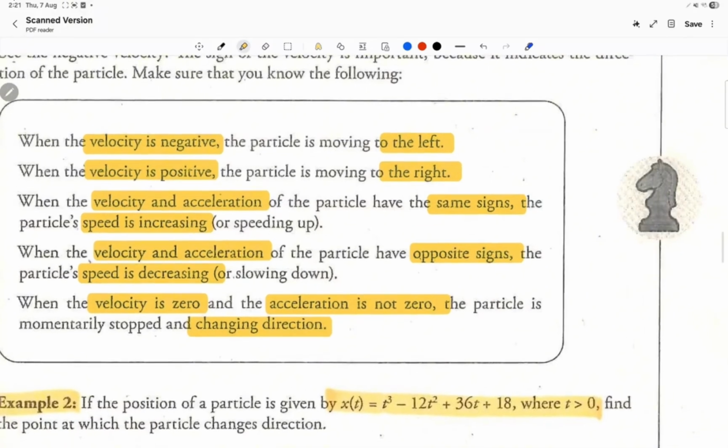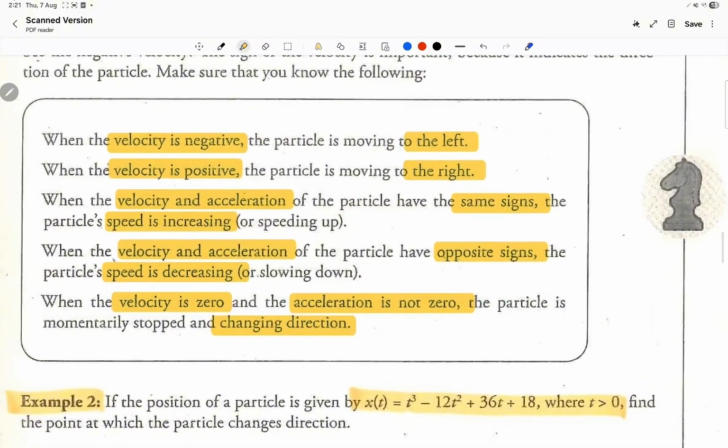Let's do example 2. Find the point where the particle changes direction, which basically means the point where the velocity is 0, but the acceleration is not 0. So now, what do we do? You should turn x into v. You must equalize your v to 0 to find the times when the velocity is 0, and then we'll talk. So now what do we do? Turn x to v by differentiation.